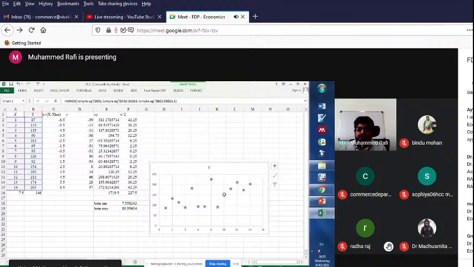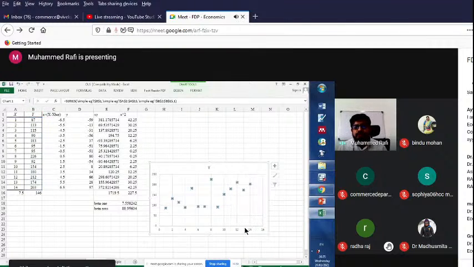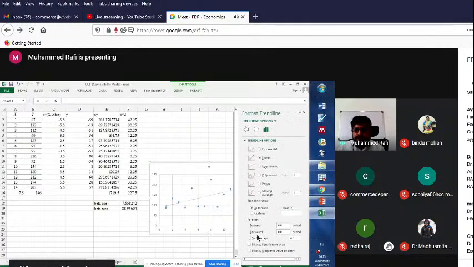Now, what you can do is select all these points together, click the right button, and there is add trend line. If you go for that, there are different ways you can draw a trend line, but we are going for a linear trend line.